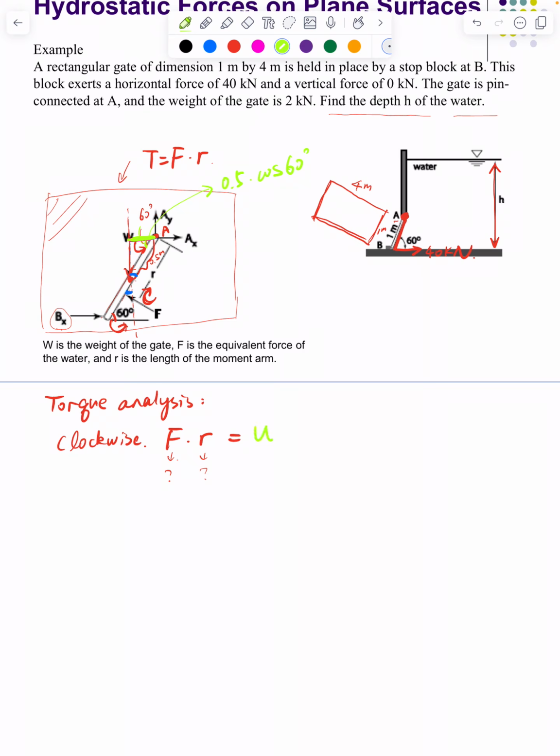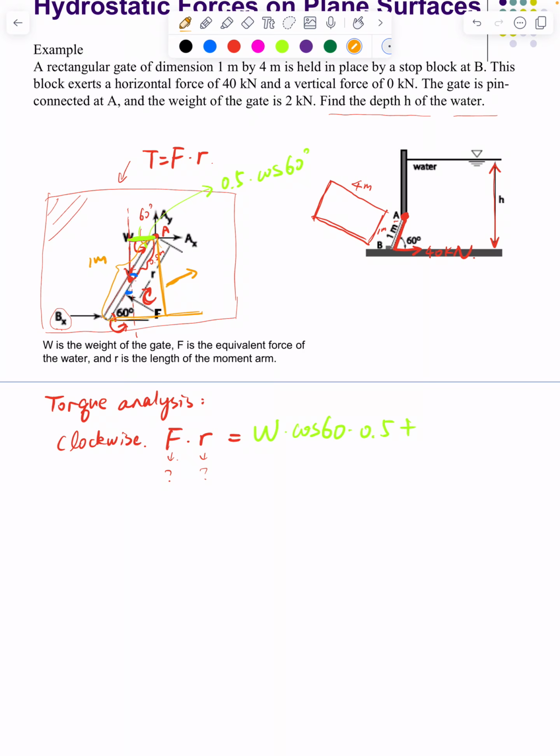So that's W, the force, multiplied by R, which is cosine 60 multiplied by 0.5, plus the other one, this B. If you draw another triangle, let's draw it with orange, it's this triangle, right? And you can see the actual R is here, which should be 1 meter, because this part is 1 meter.